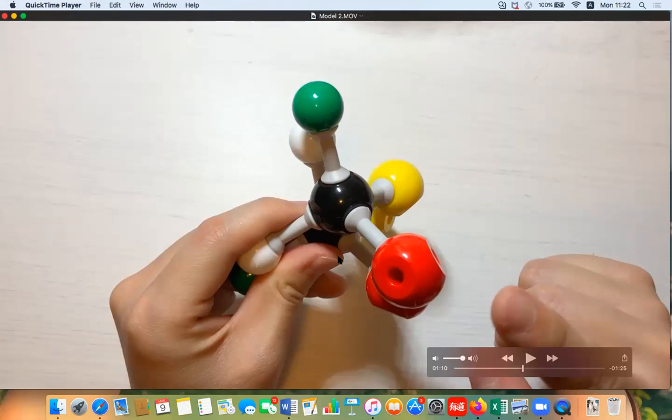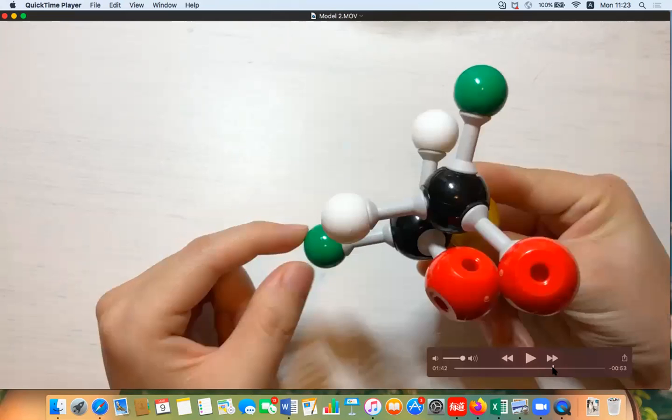The two models represent the original one and the mirror image. In the first attempt, I tried to put the mirror image on top of the original one, and this time only the positions of bromine and fluorine, the red and yellow ones, match. But the chlorine and hydrogen, the green and white ones, don't match, okay?